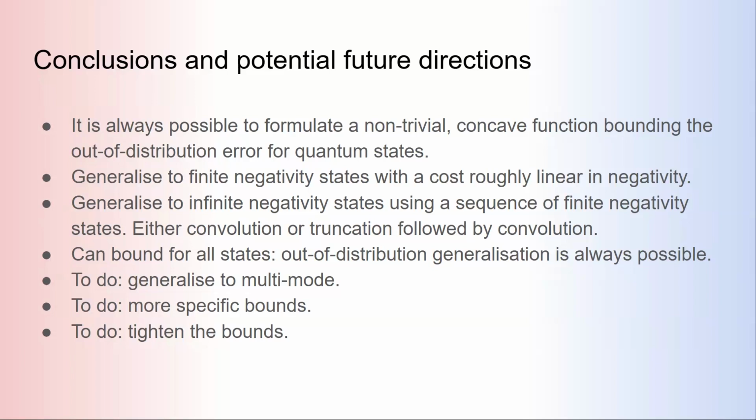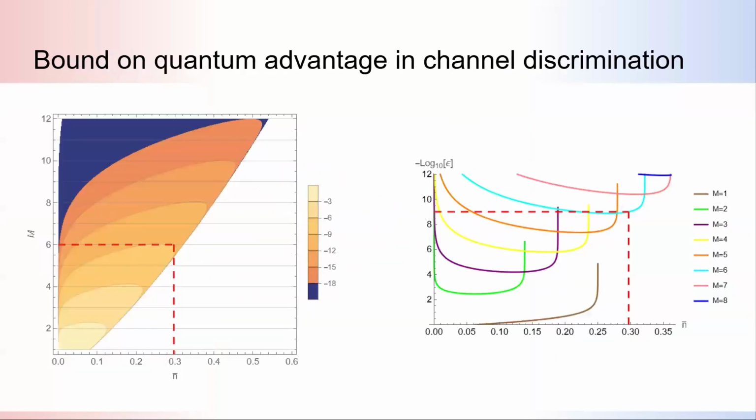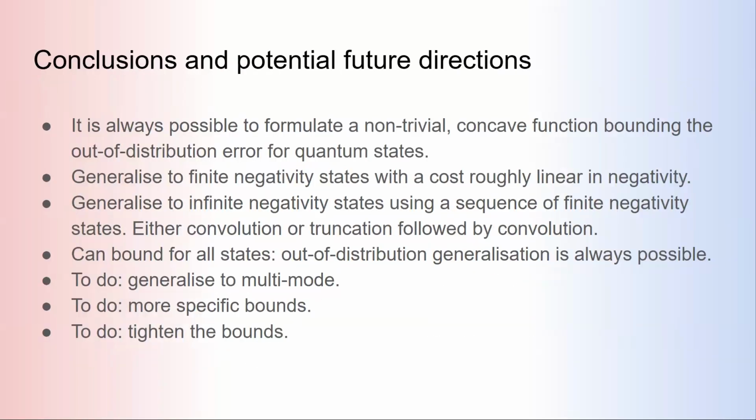Now, what would be nice is to generalize this to multimode, which I think is fairly simple, but I have not done it and don't have time to do it. It would be nice because then you could say something similar for the diamond norm instead of just the output trace norm. Also, more specific bounds for specific states or specific channels, tightening the bounds, which I think can be done a lot.